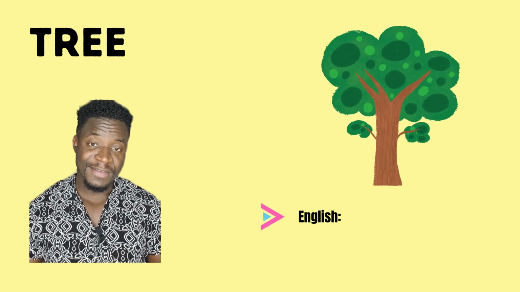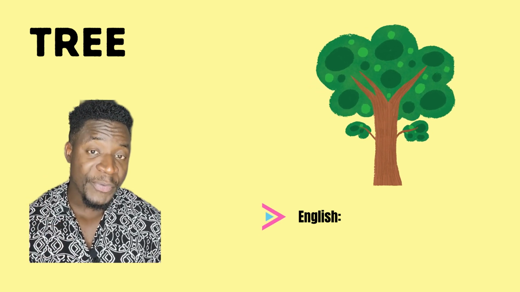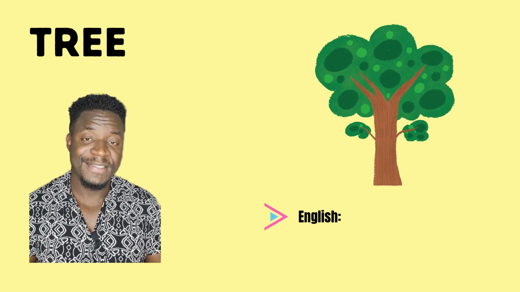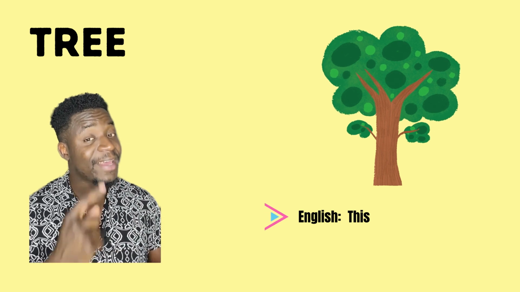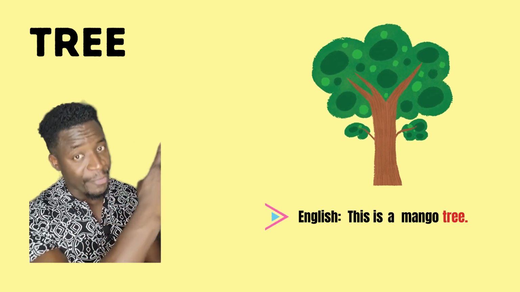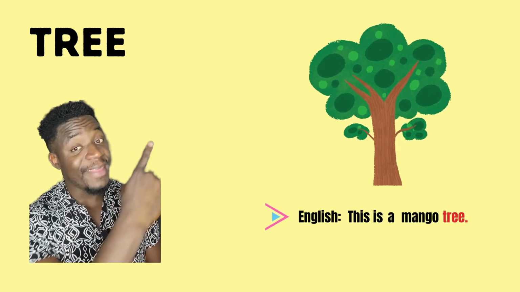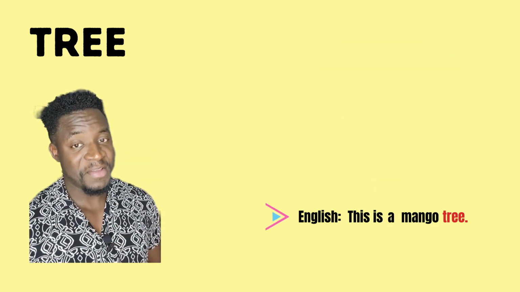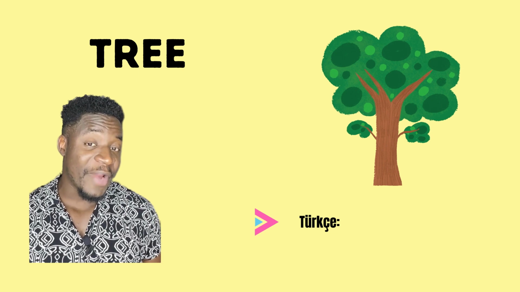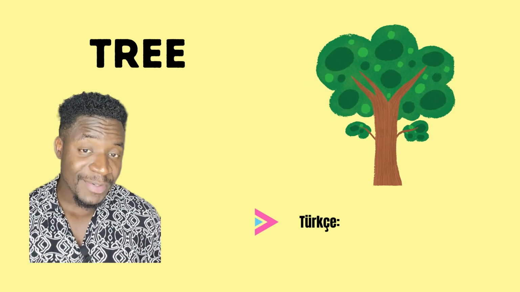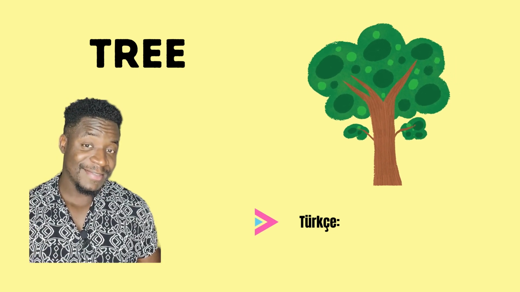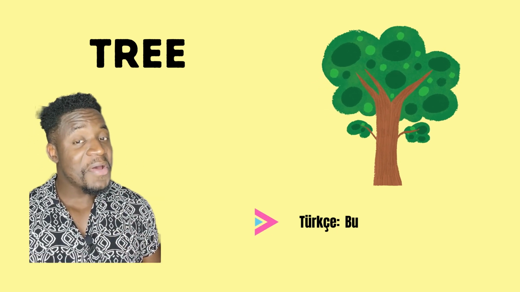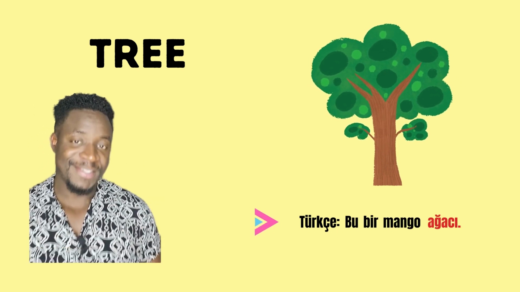Let's go. So an example in English is, this is a mango tree. This right here is a mango tree. Alright? In the Turkish language, an example could be, bu bir mango ağacı.